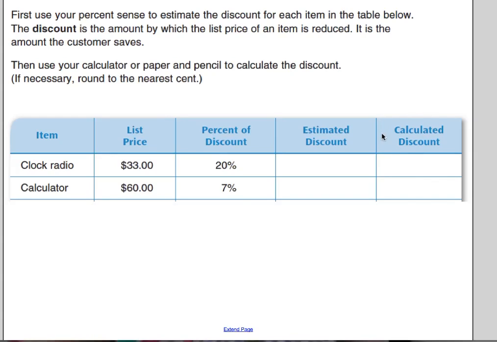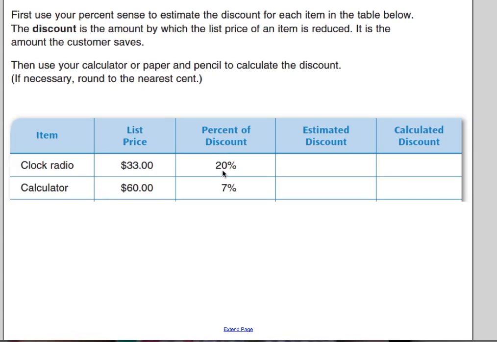When you get older, you will pretty much either use your head and do it mentally, or you'll use a calculator, but you still need to be able to do it paper and pencil. So let's take a look. If we're talking about a clock item, which normally lists at $33, we get a 20% discount. Now I know that 20%, 20 over 100, 2/10, 1/5, okay?